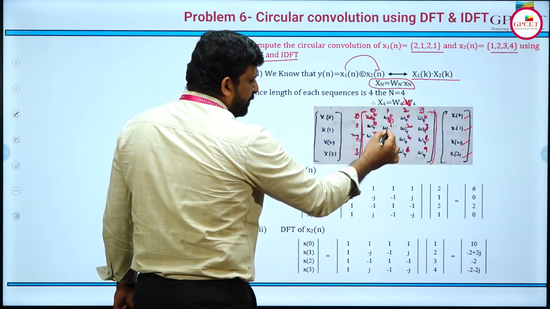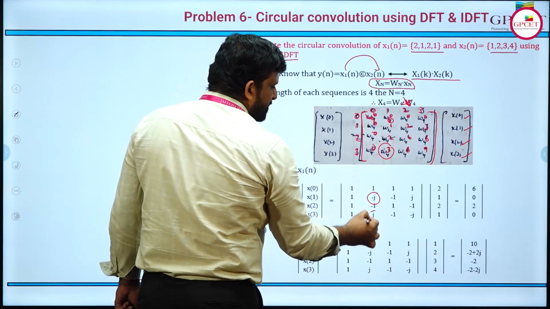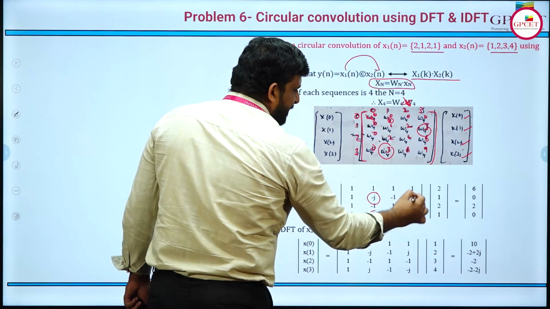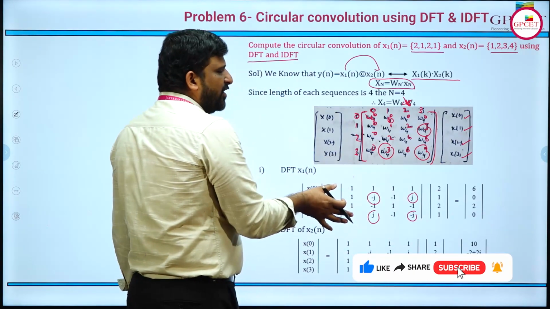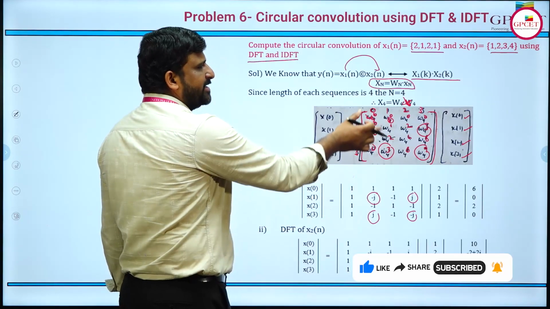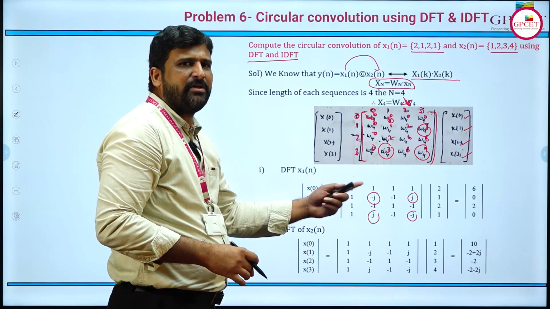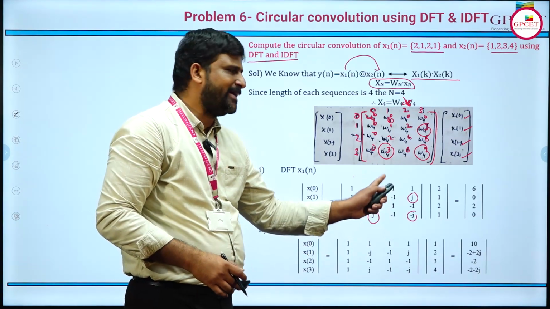So W4 to the power of 1 should be equal to minus j and W4 to the power of 3 is equal to j. And again W4 to the power of 3 is equal to j and W4 to the power of 9 is equal to minus j. Please be careful while writing this particular matrix representation when N is equal to 4. This is the fixed matrix representation. Whatever the problem you are going to do, you will get the same matrix. You need to take the same matrix representation.